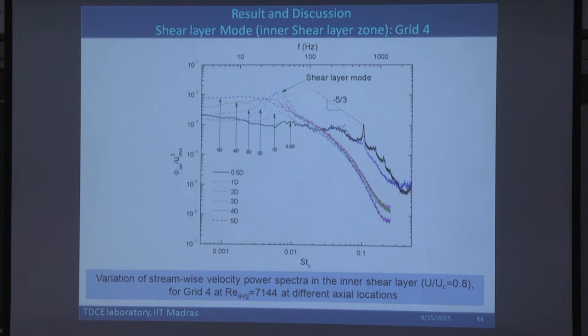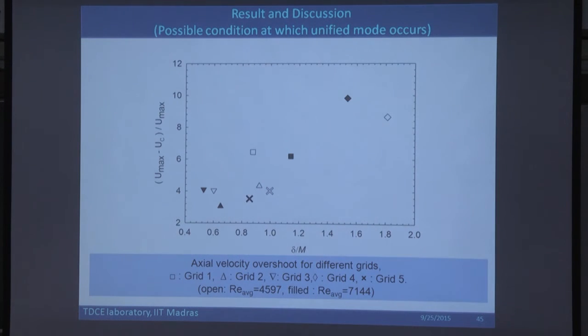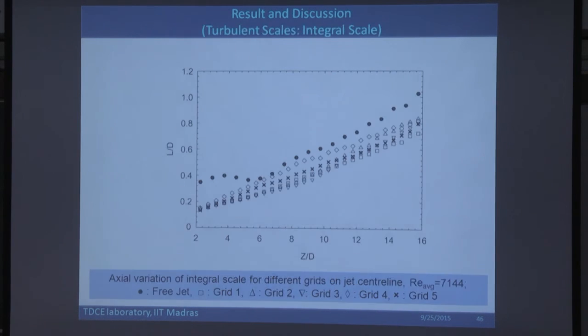So we concluded that in the condition where you have a very large displacement thickness, in such cases the preferred mode and the shear mode combine together to form something called a unified mode. So that's our basic conclusion. And basically the preferred mode is always present. So preferred mode will be the basic cause for shear mode. That is the next conclusion we can bring from these results.